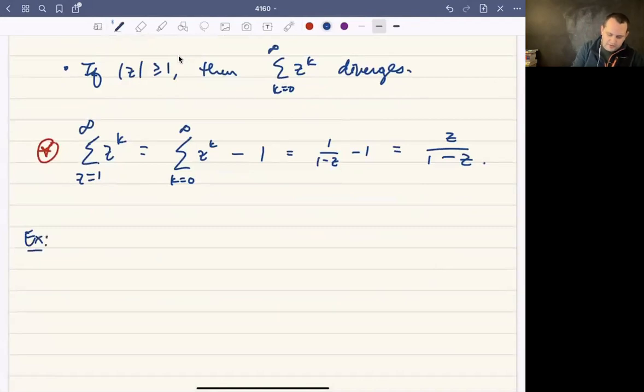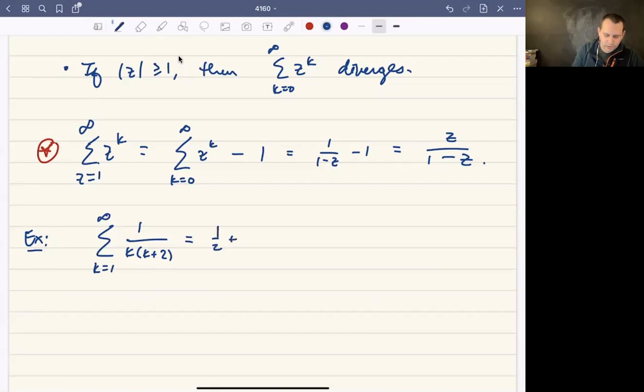A few other things. If you were to have, say, the sum of 1 over k times k plus, pick whatever number you want, but let's say 2, as k goes from 1 to infinity. When k is 1, you're going to get 1/2.